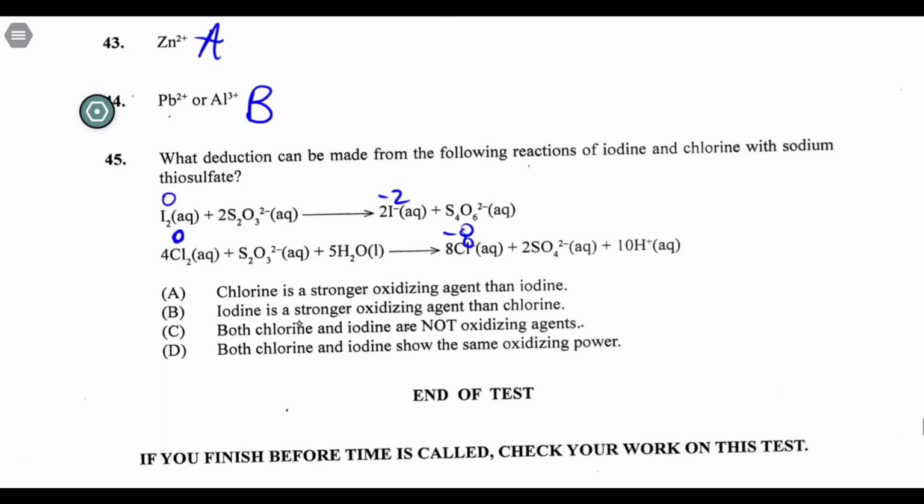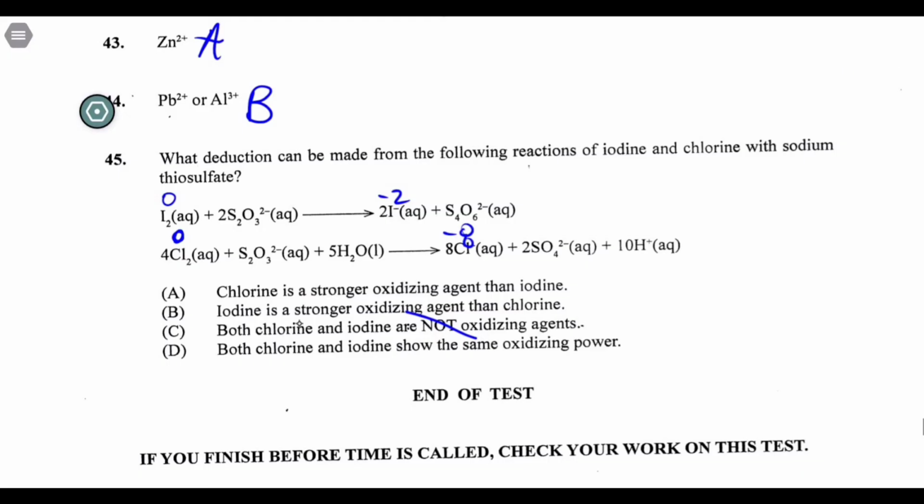Okay, so both halogens are oxidizing agents because they were reduced. Now, both chlorine and iodine are not oxidizing agents. No, they are oxidizing agents.